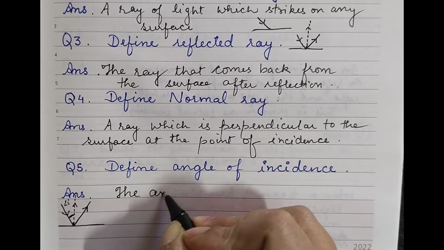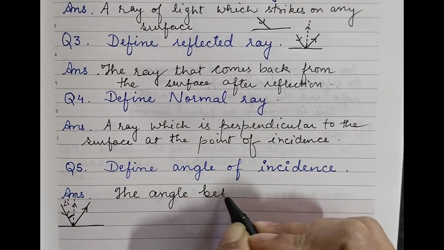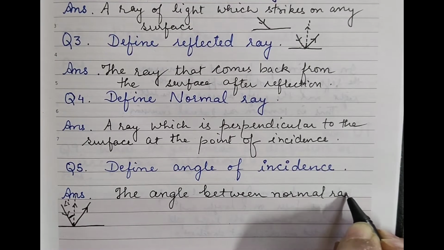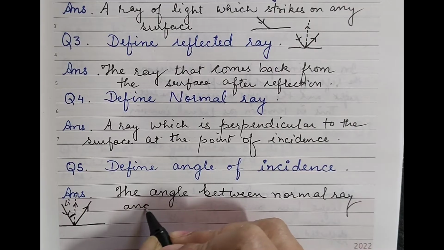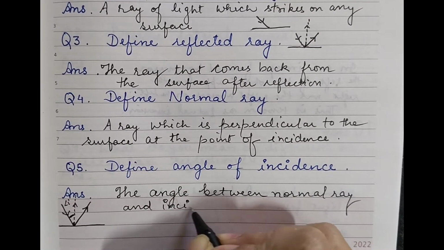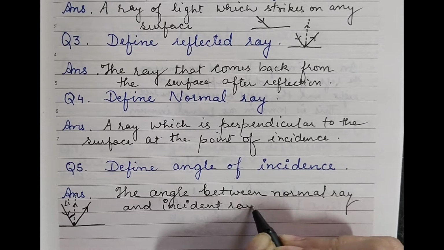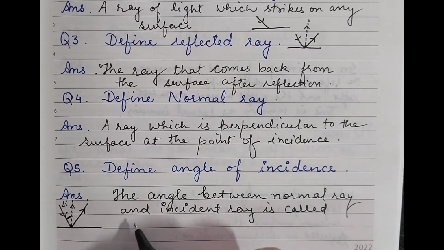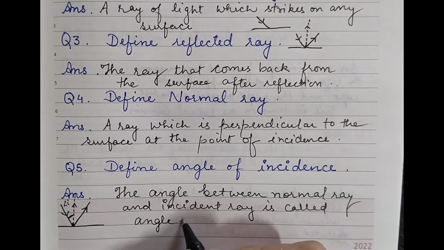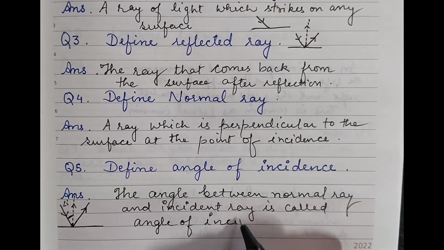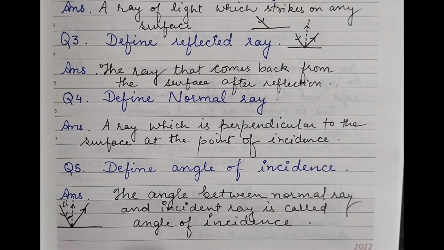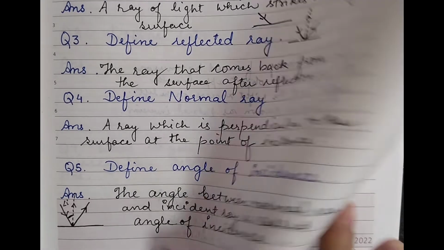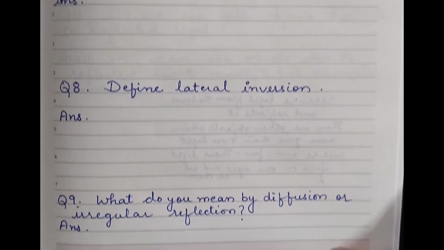The angle between the normal ray and the incident ray is called the angle of incidence. Clear? Now next is question number 6.